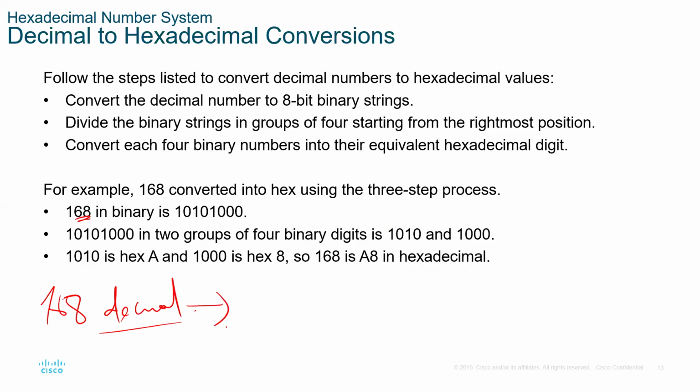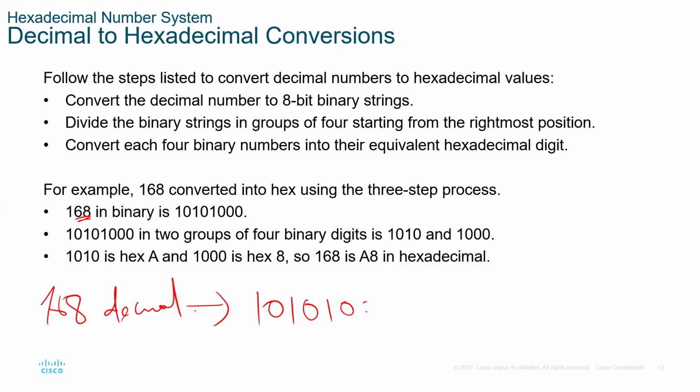So 168 in binary is 128 plus 64 plus 32. I think it works. 128 plus 32 is 160. Okay, it works. Then we just need 8. This is 16. This is 8.